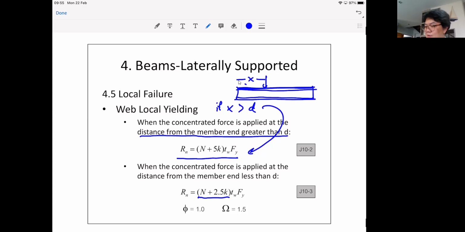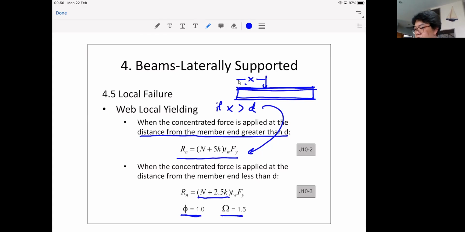And therefore they say the factor of safety can be used for only 1.5. That's enough, okay? And that results in the reduction factor equal to 1. This is the only one case where the reduction factor is equal to 1 and factor of safety is equal to 1.5, notwithstanding the shear, which was sort of a mistake. Okay, so that's it. First failure is local web yielding.